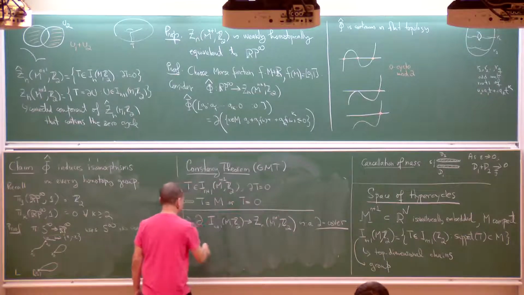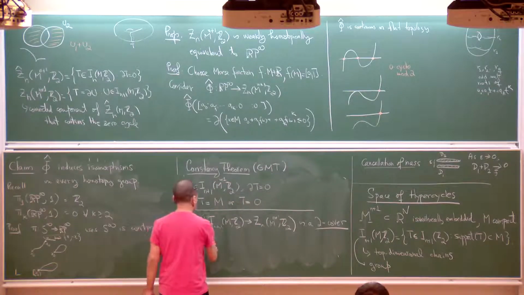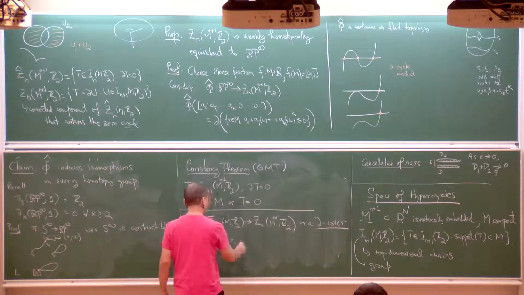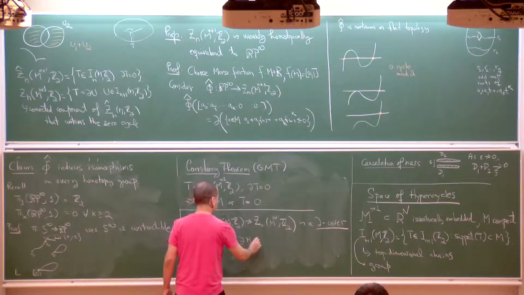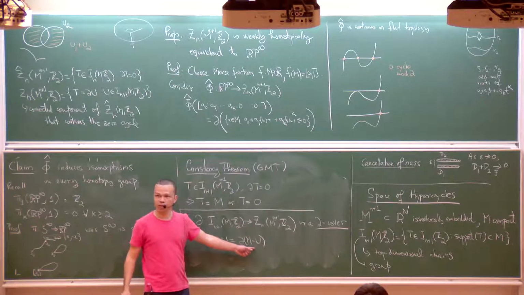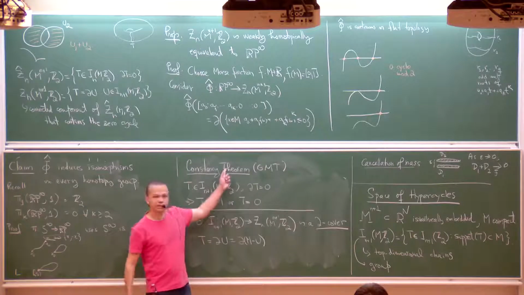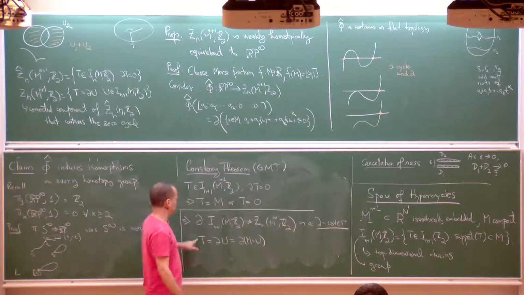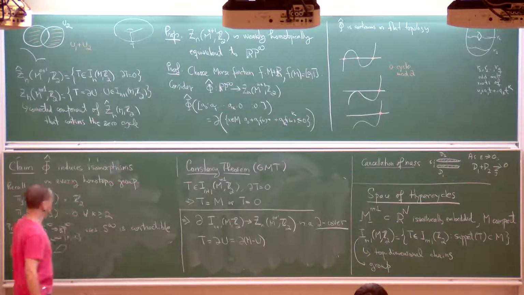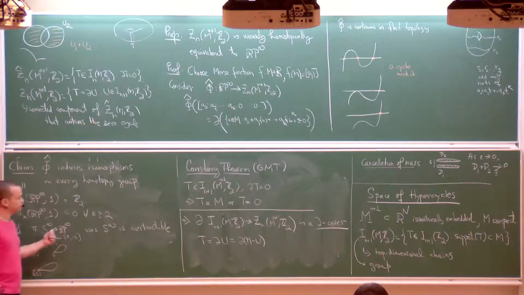Because if I take a cycle T, so this cycle is the boundary of some region U, but it's also the boundary of M minus U, and U and M minus U are the only possibilities because of the Constancy Theorem. Okay, so the boundary operator is a 2-cover, so the boundary operator is just like the projection.